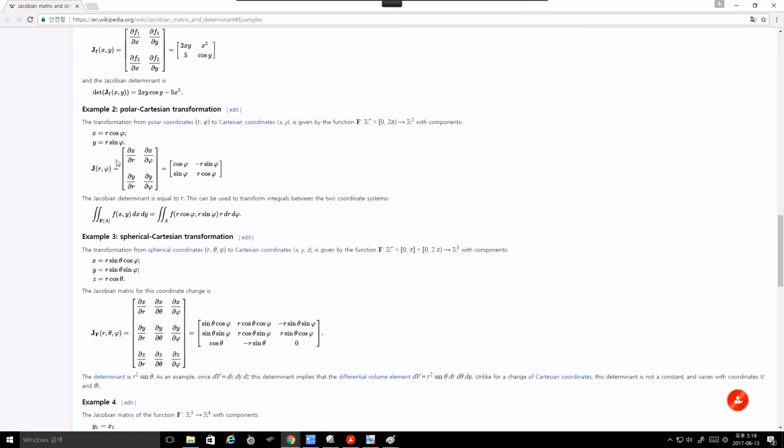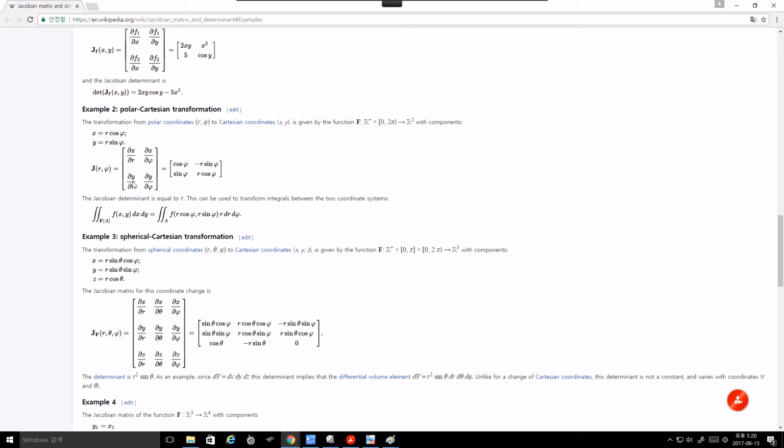Now let's calculate the Jacobian. Again, this is a multi-valued and multivariate function: multi-valued because this function has two values x, y, and multivariate because it has two variables r and phi. So J(r, phi) has first function and second function in the rows, and first argument and second argument in the columns.